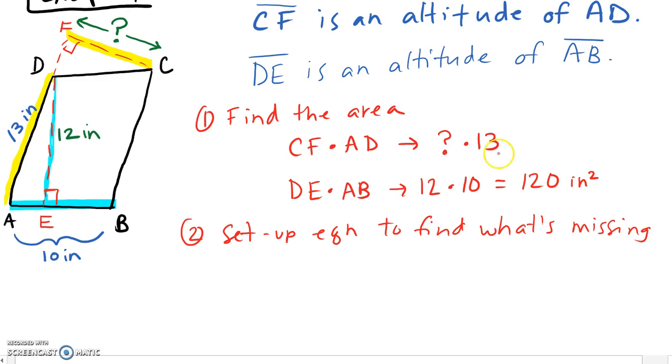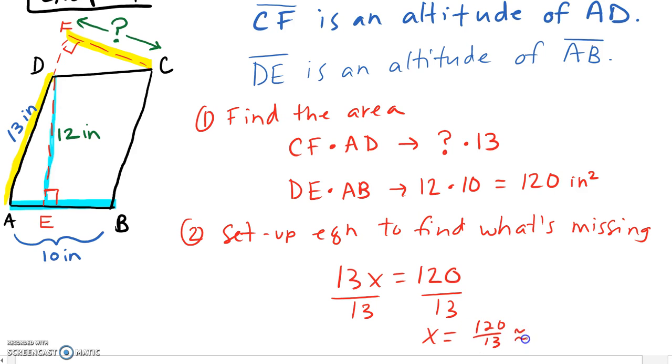So basically my question mark times 13, I'll just call that 13x, has to come out as 120 because you get the same area no matter which side you use as a base. So I divide both sides by 13 and I get x equals 120/13, which does come out as about 9.2 inches.